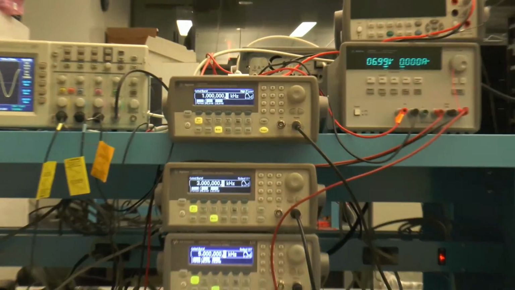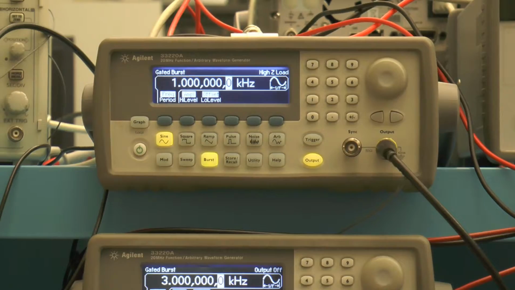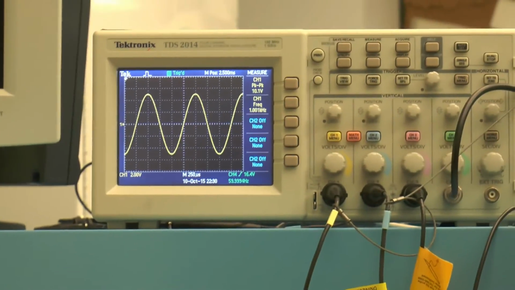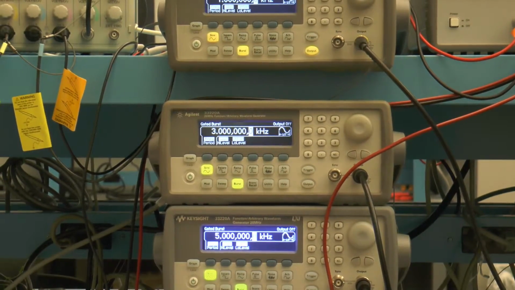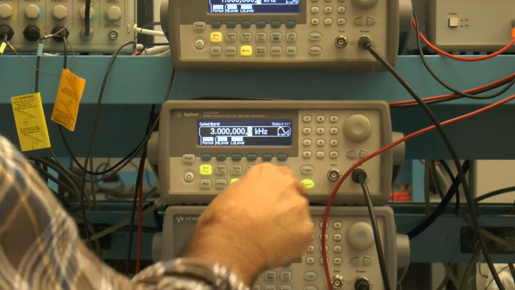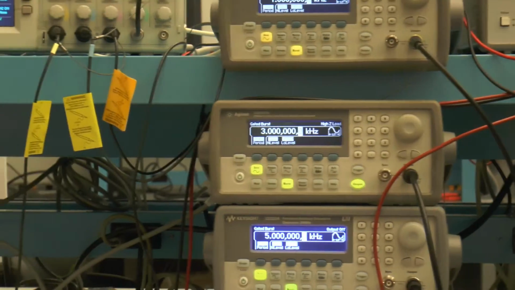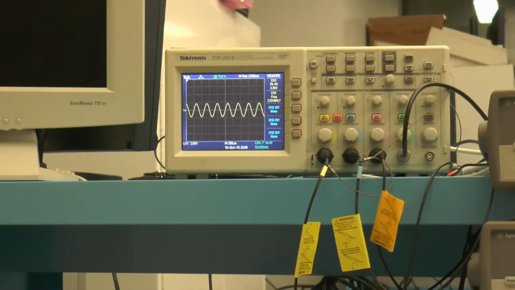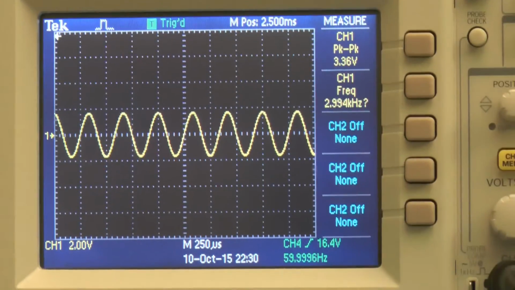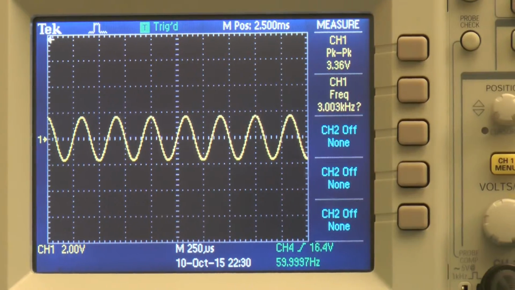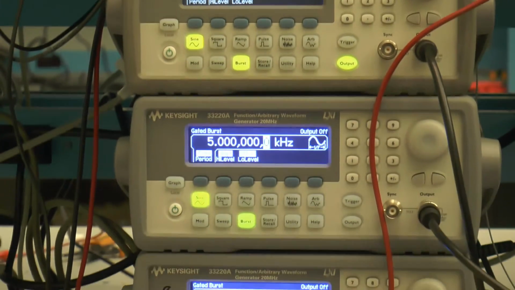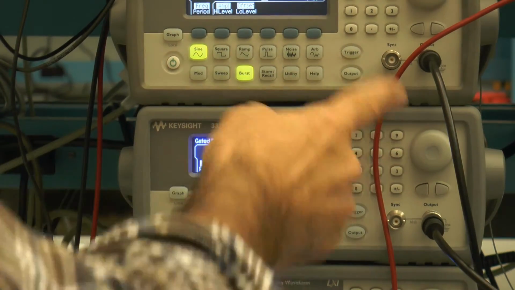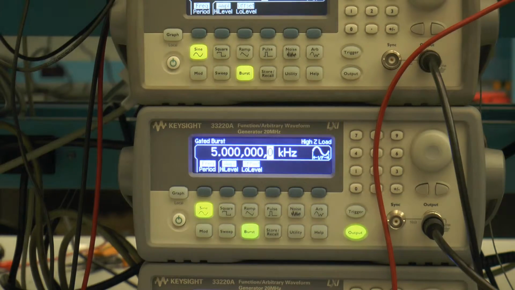Here's our first function generator. It's at 1 kilohertz. And if we look at the scope, we can see it's 10 volts peak to peak. Second function generator is 3 times the frequency and 1/3 the voltage, so about 3.33 or so. Third function generator, 5 times the frequency of the fundamental.